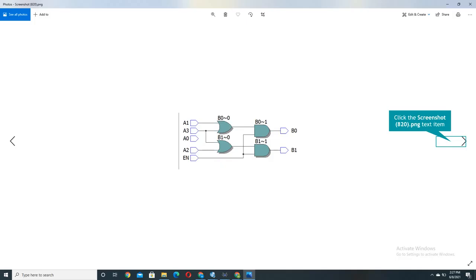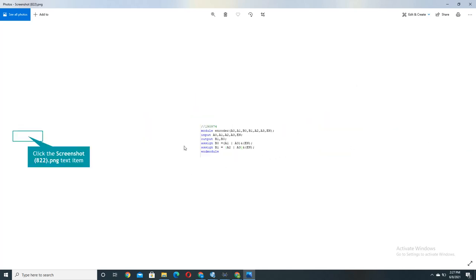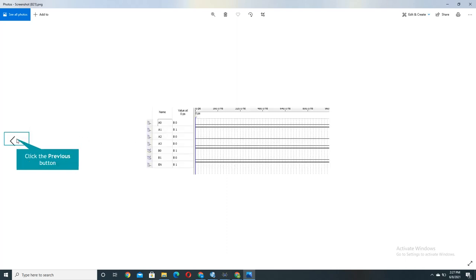Now the encoder's code is a simple circuit, so we have just gone simply with the code, and that is a very simple code. B0 is equal to A1 or A3, and we have simply seen the circuit that we have.